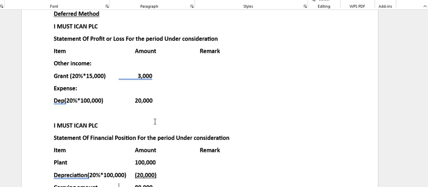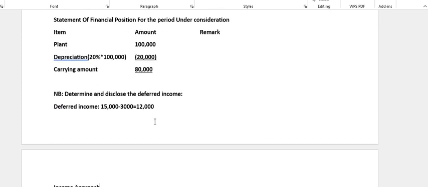But remember, look at our depreciation here. We did not remove the grant from the cost. We are carrying the cost in full under the deferred method, and we recognize depreciation on it. 20% of 100,000 is 20,000. Very, very simple.